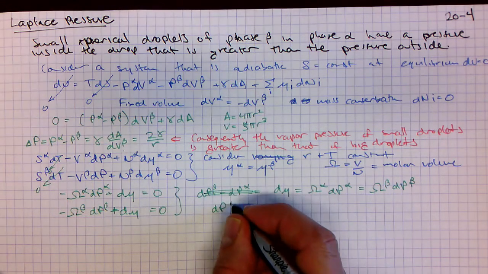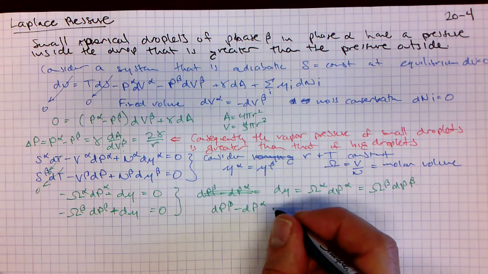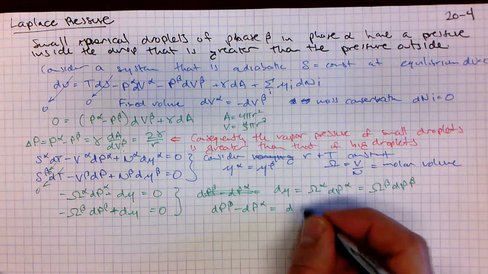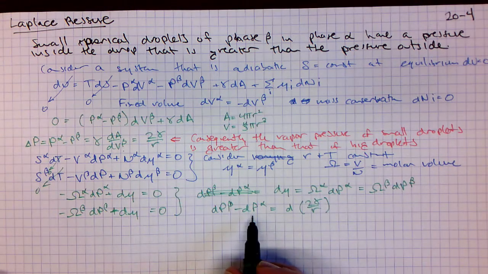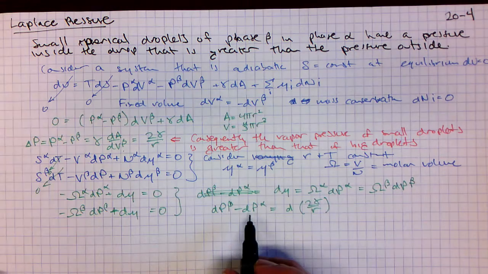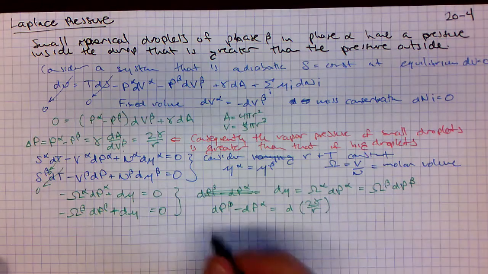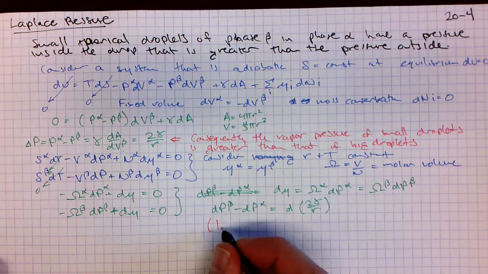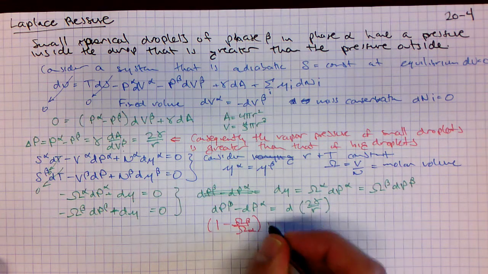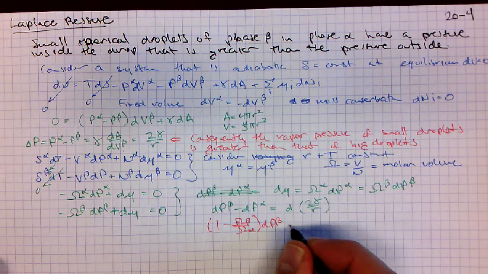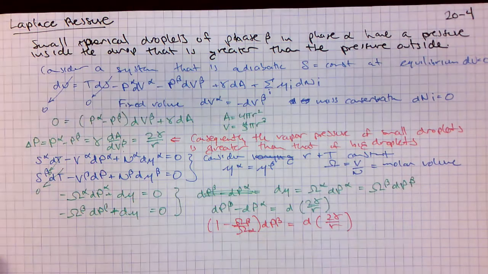And we know that dP beta minus dP alpha, from our Laplace pressure on the previous page, is equal to d(2 gamma over r). And now we can write down dP alpha in terms of dP beta. So I can get an expression that 1 minus omega beta over omega alpha, times dP beta, is equal to d(2 gamma over r).